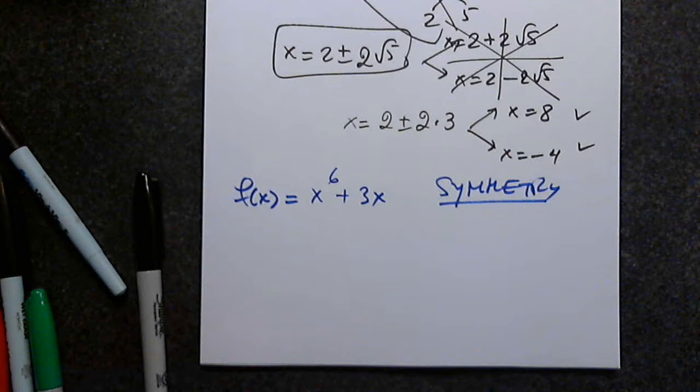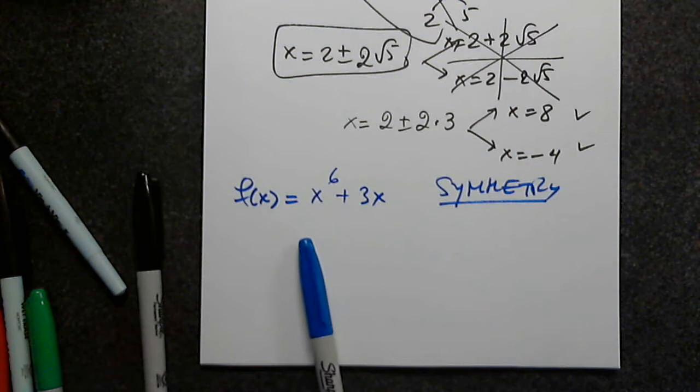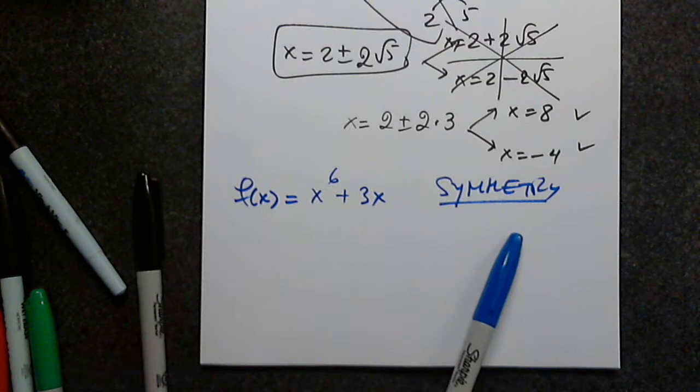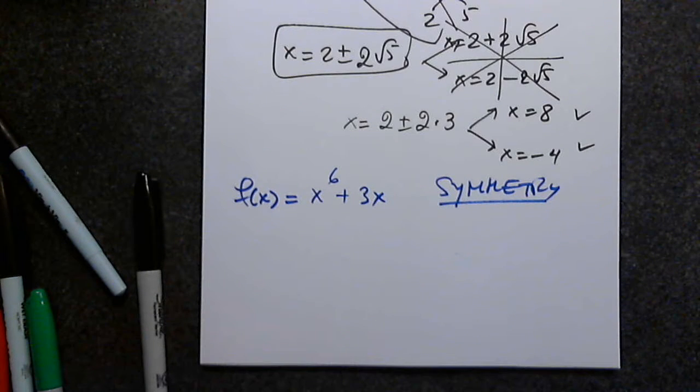The difference quotient is only asking us to find and simplify the difference quotient, which is the rate of change of the function between 2 points. But here we are given a function. We're asked, is this function symmetric? So what did we calculate?